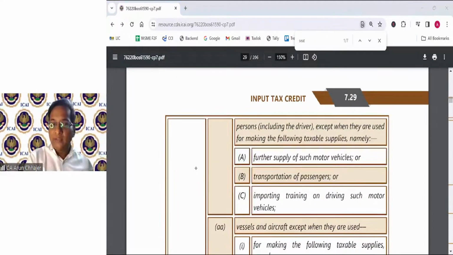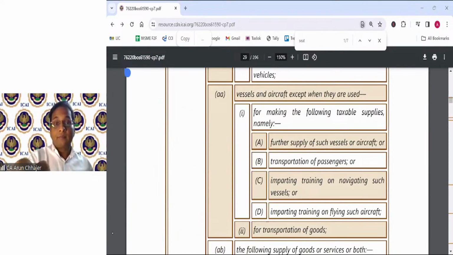Now they are saying following taxable supply, but they have used A, B, C and have not used clause D. Clause D means, let's say, they have not used transportation of goods. But in the second, vessel and aircraft, it is saying transportation of goods.